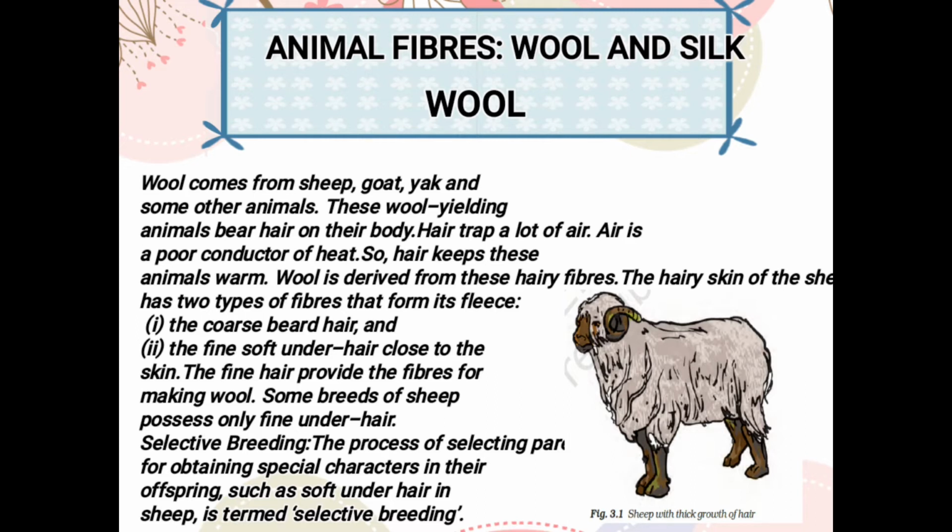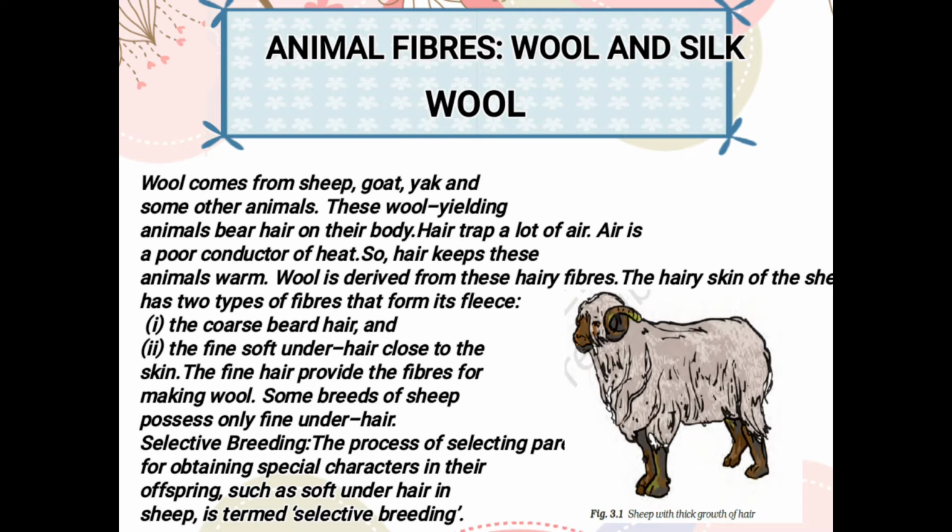Fine. So what fibers do we get from plants? The most common fibers that we get from plants are cotton as well as jute. Fine. Now the next kind of fiber that we get from plants is flax. But the most common fibers that we get from plants are cotton as well as jute.